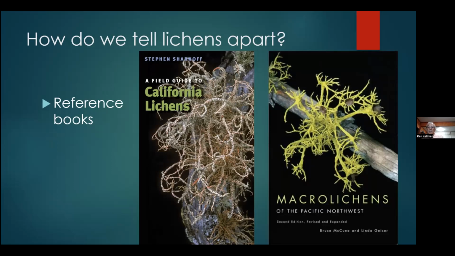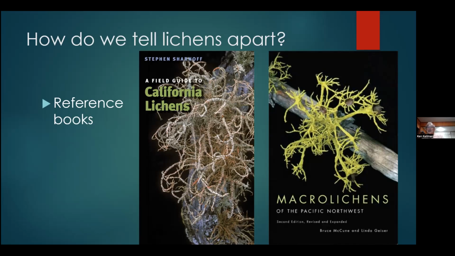The one on the right is Macrolichens of the Pacific Northwest. Macrolichens are the foliose and fruticose lichens, not the crustose ones. They're the ones that most people see and think of as lichens. And this is an excellent book. Even though it's really dedicated to the Pacific Northwest, which is Northern California all the way up to Alaska, most of the lichens that we have here can be found in that book.